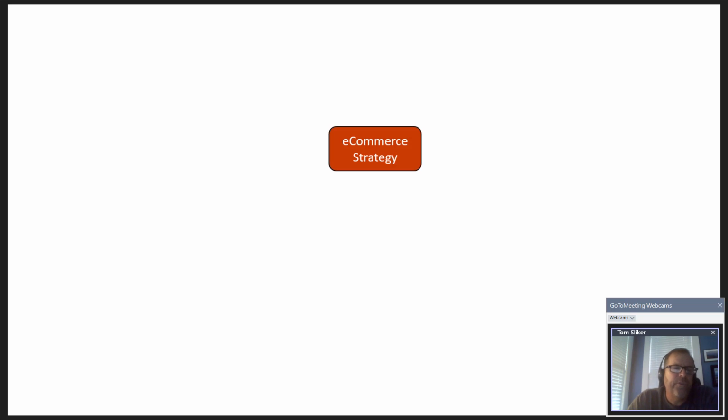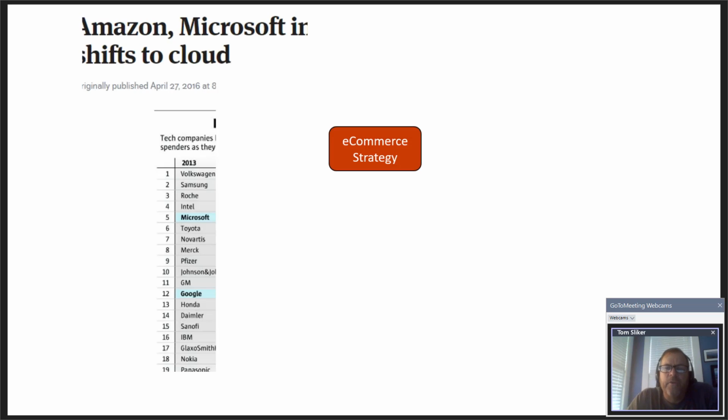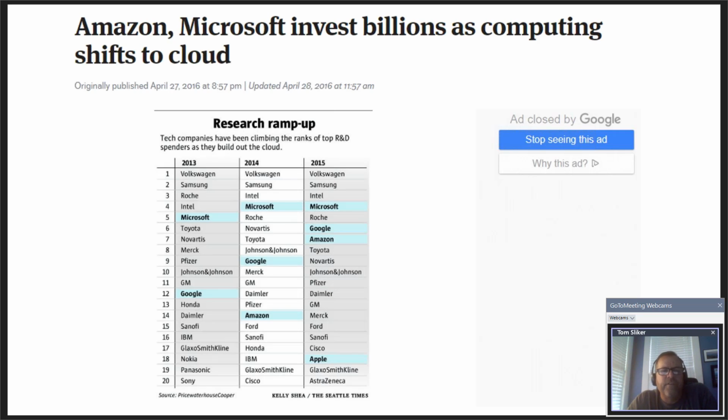I just wanted to share a few things about e-commerce. If you look at the news, Amazon, Microsoft, Google, they're investing billions of dollars every year in building infrastructure that hosts computer services, web services, websites, e-commerce, etc. And so the big guys are continuing to build out the platform.